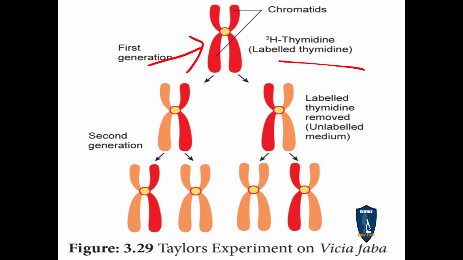In the second generation, the labeled thymidine is removed and replaced with unlabeled medium. In the next generation, you get this one and this one from the thymidine labeled root tip cells, but the others we are getting normal. Okay.